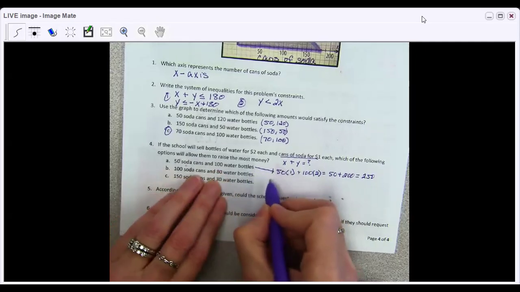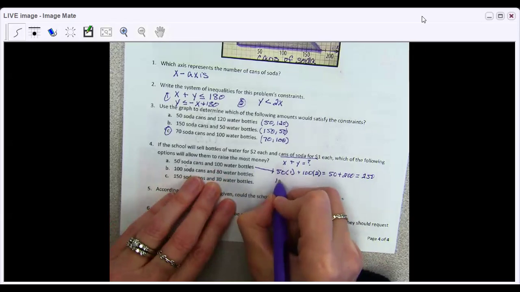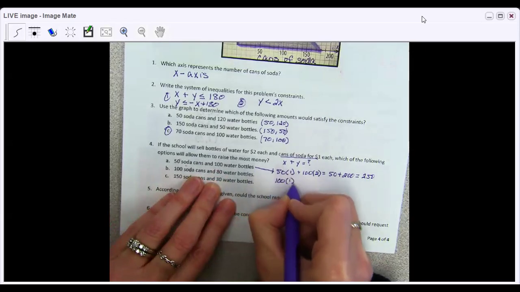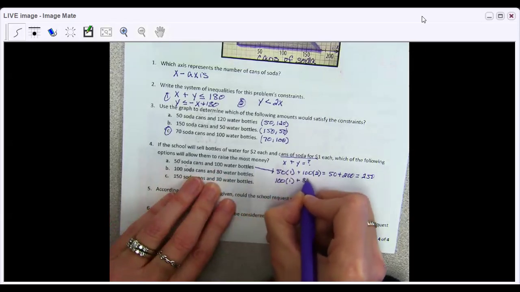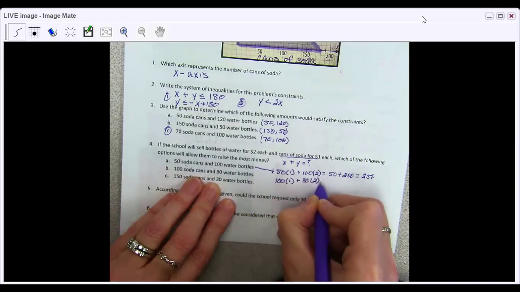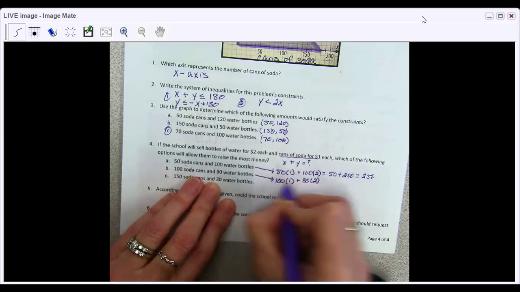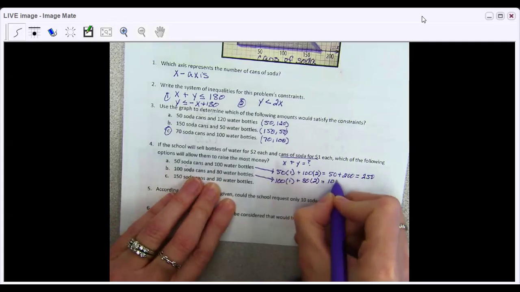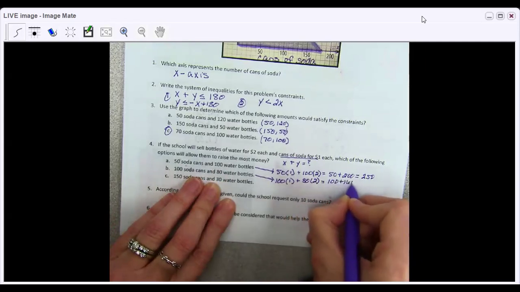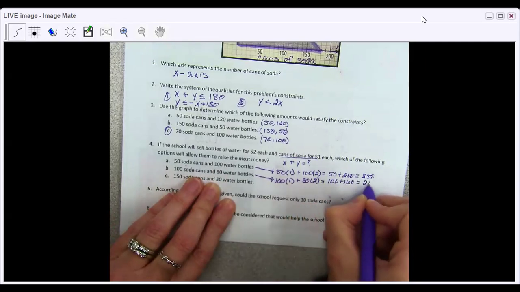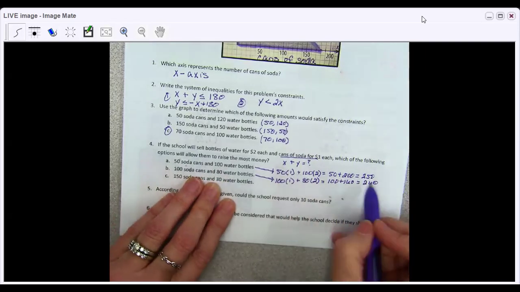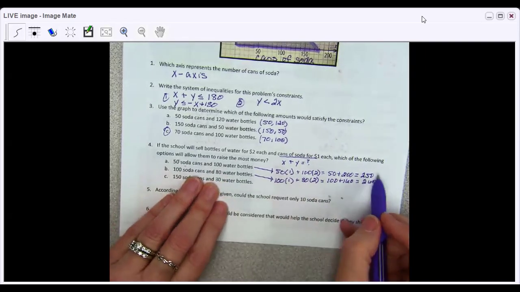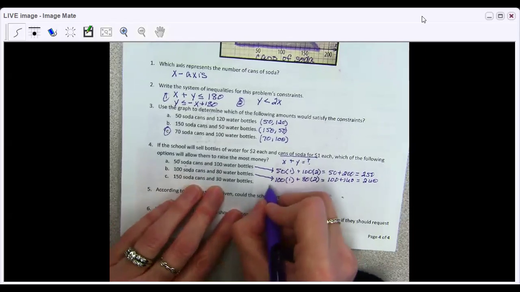So now let's do the next one. What if we sold 100 soda cans at $1 plus 80 water bottles at $2? We would have 100 plus 160, which would give us $260, which is more than A. So I know it can't be A. So now let's do the next one.